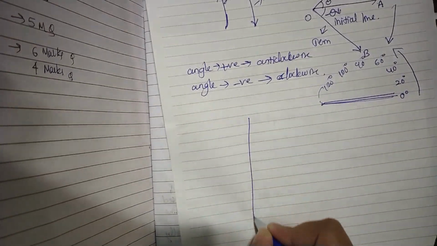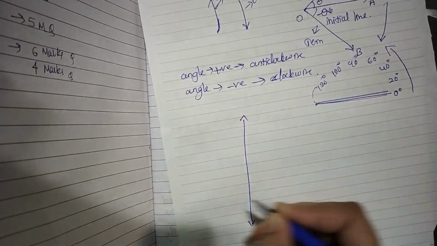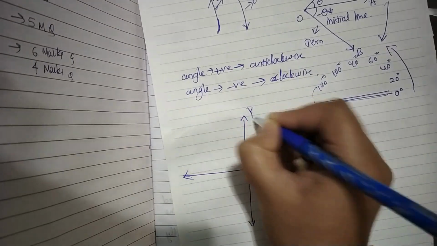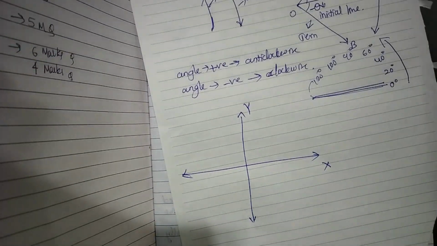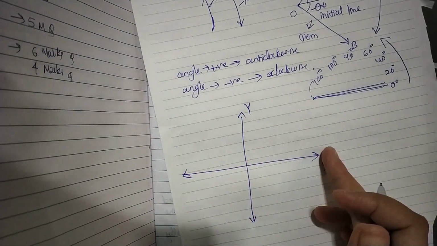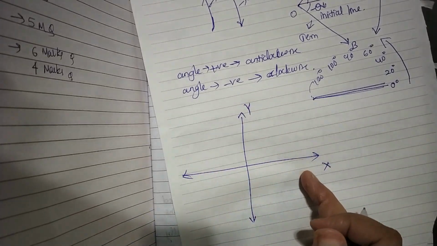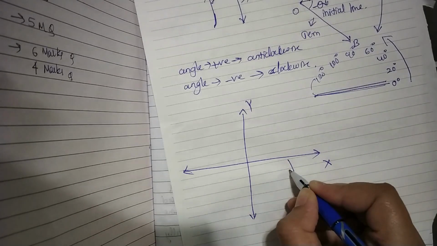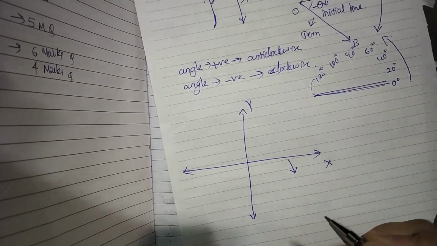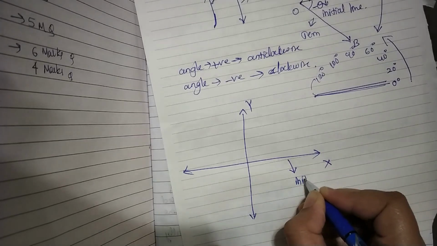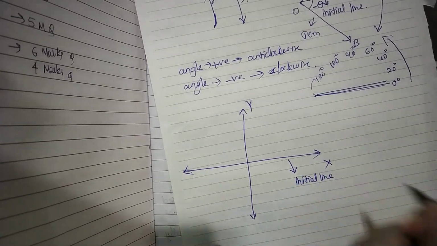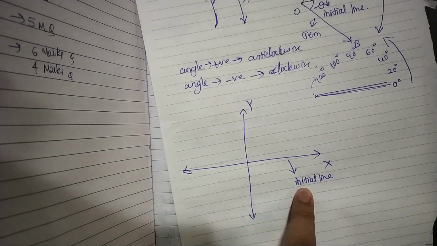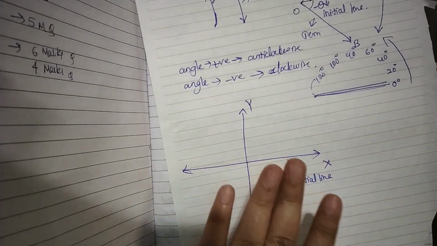So coordinate geometry, coordinate axes are nothing but x-axis and y-axis. Okay, here when you have to measure an angle with respect to the coordinate system, in this system when you measure an angle, you take the x-axis as the initial line. The x-axis is considered as an initial line to measure the angle of the given line.